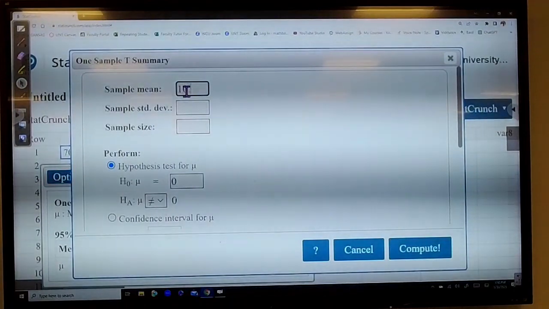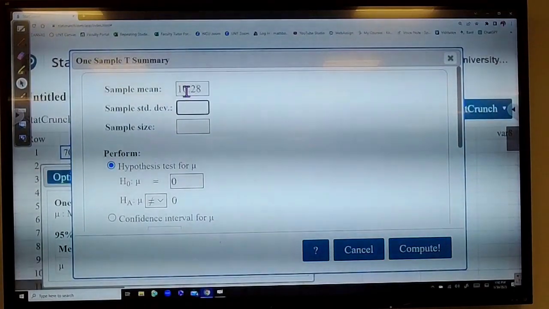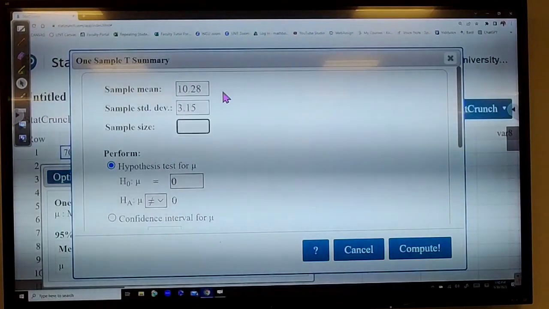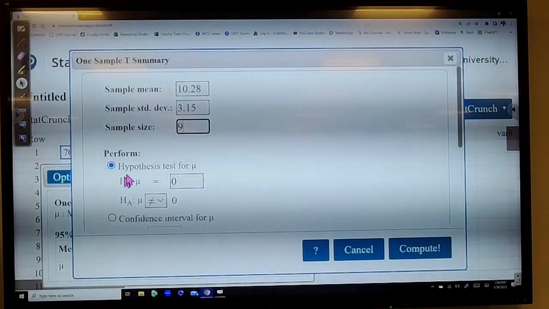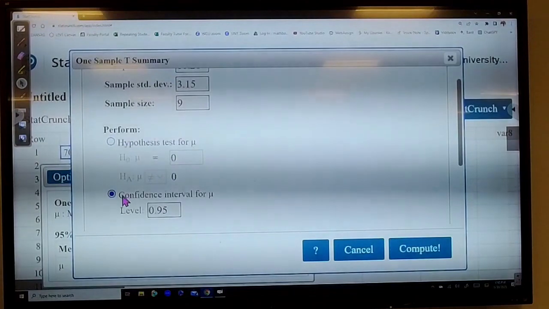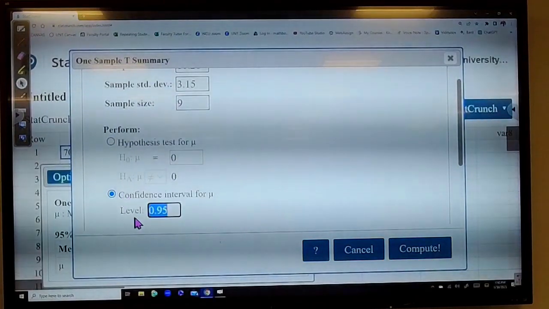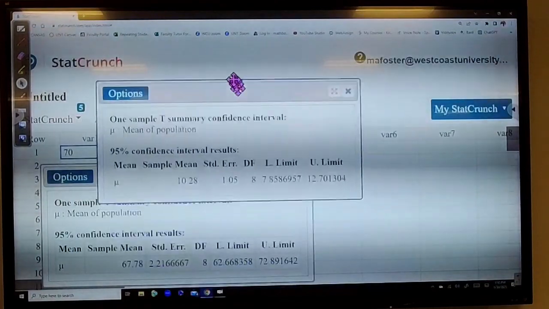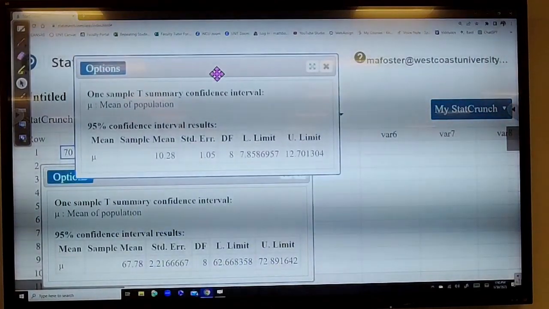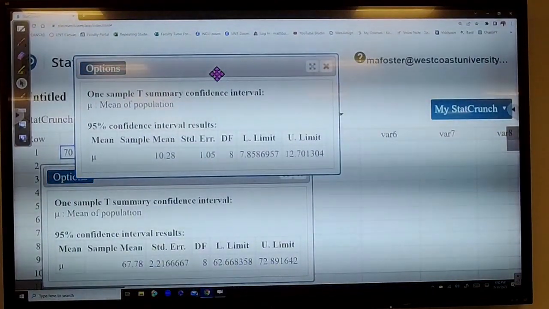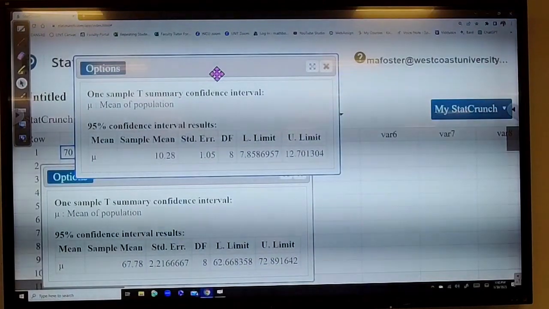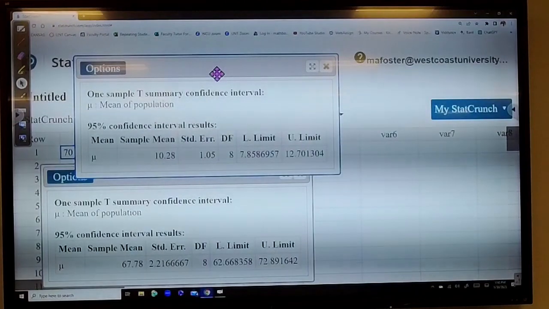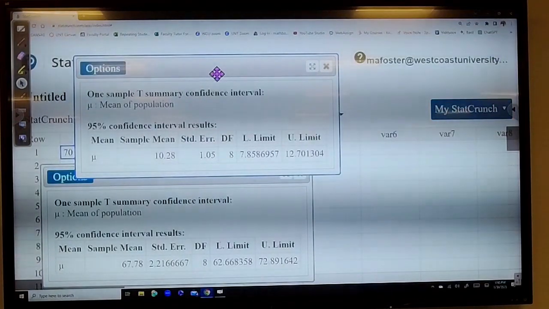So 10.28, 3.15, sample size is still 9. Picking the confidence interval button, still 95% confident, and I hit compute. I get my lower and upper limit: 7.86 and 12.70.